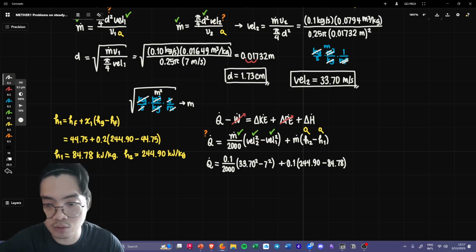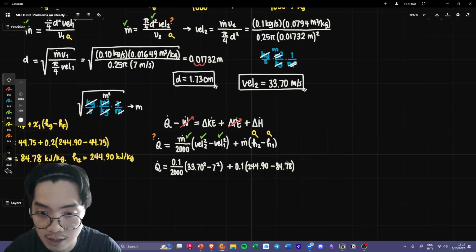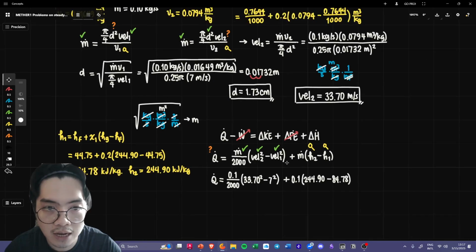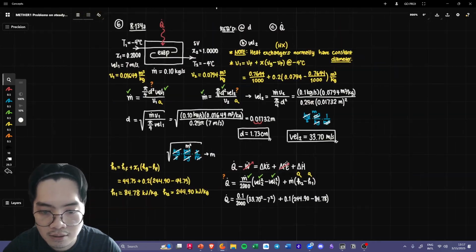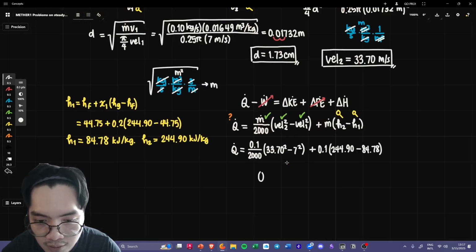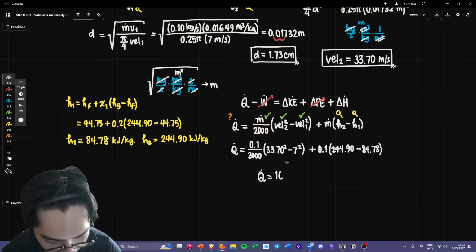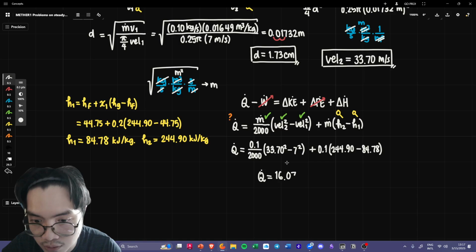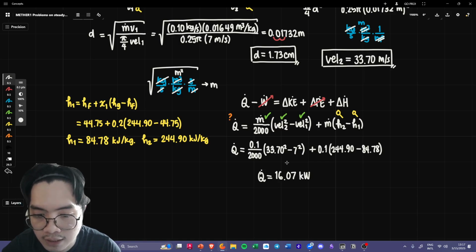That will bring us to a total value of, that's still a lot of heat sucked in, right? That's going to be a total heat of 16.066 or 16.07 kilowatts.